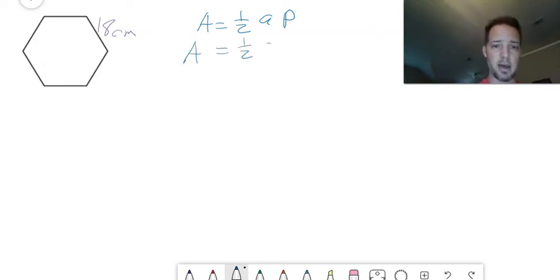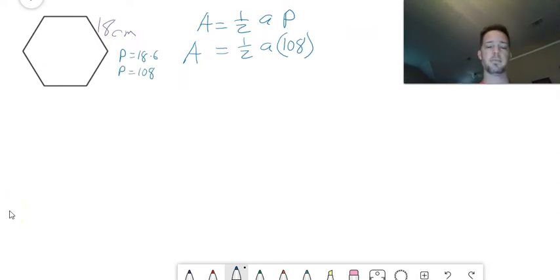Equals 1/2 A. So 18 times 6 would be 108. Now we need to figure out the apothem, and we can do it the same way that we did before, drawing our radii to create an isosceles triangle, drawing the apothem to create a right triangle using the central angle. So we're going to go through the exact same steps. We're just practicing it again to make sure we know what we're doing here.